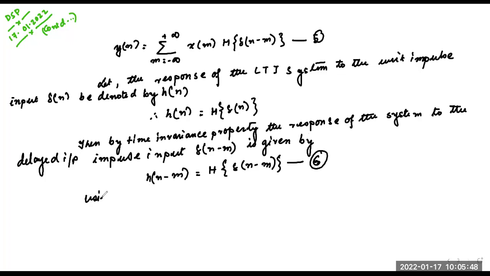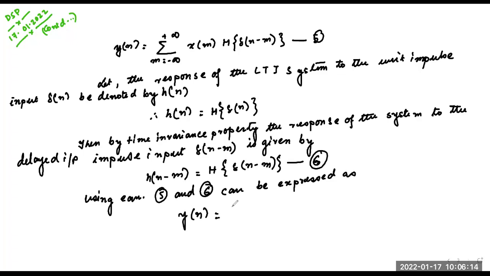So using equations 5 and 6, y[n] can be expressed as summation of m equals minus infinity to plus infinity x[m] into h[n minus m].